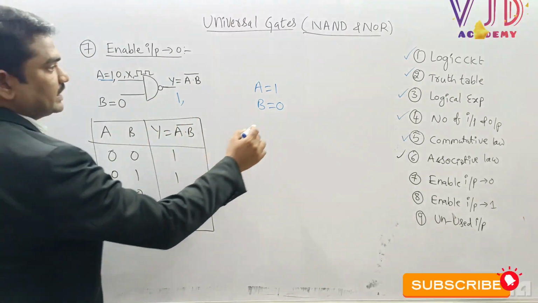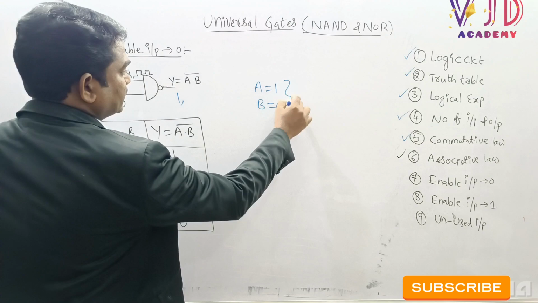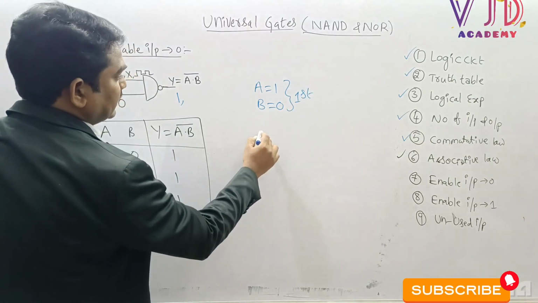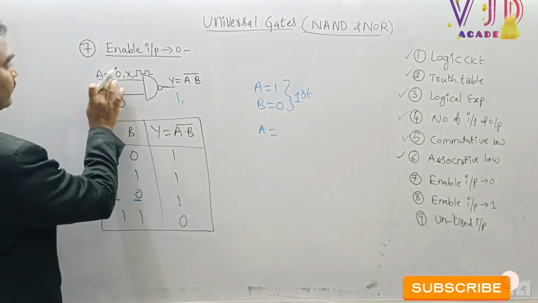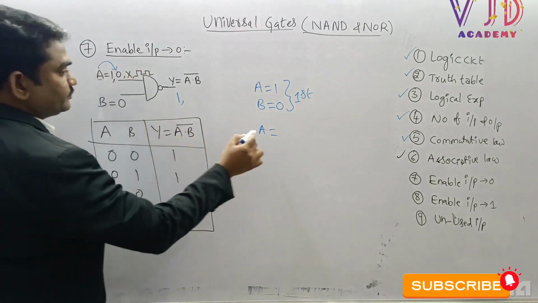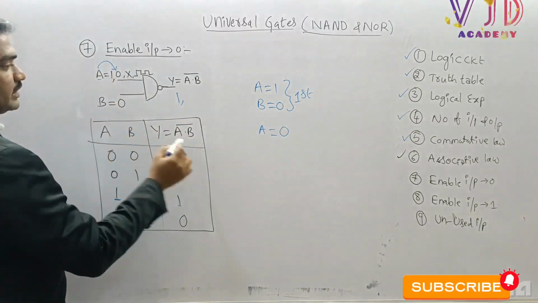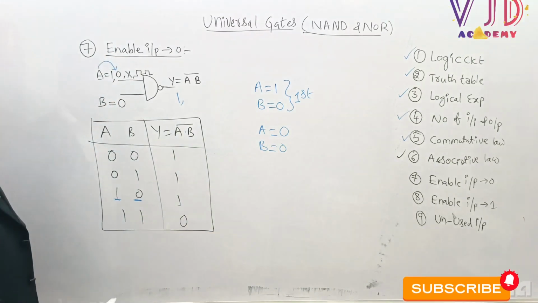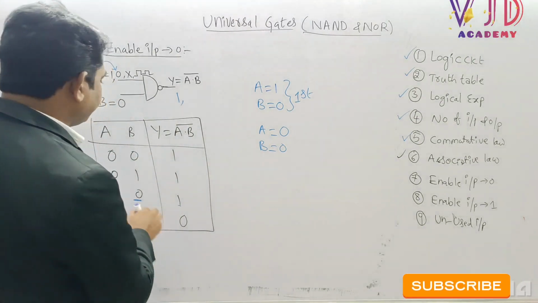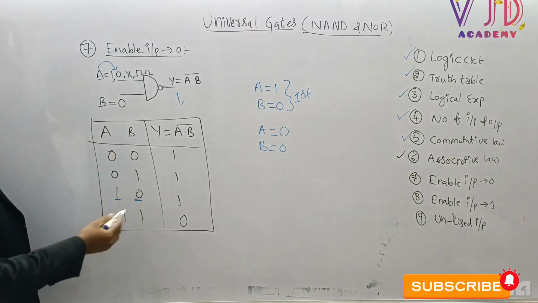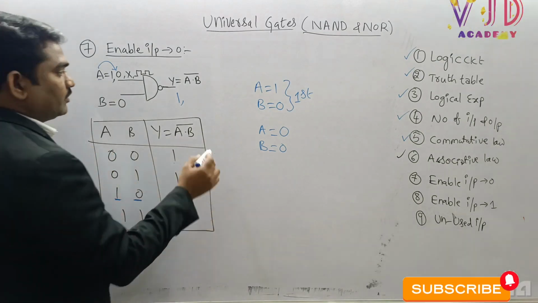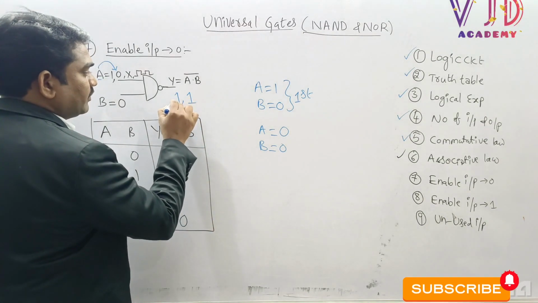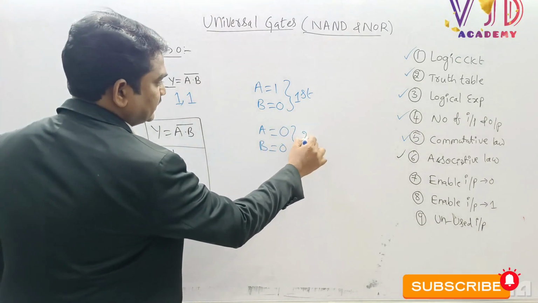Now the second condition: A equal to 0 and then B again 0, which means we are keeping B equal to 0 for different conditions. When A equal to 0, B equal to 0, output is again 1.